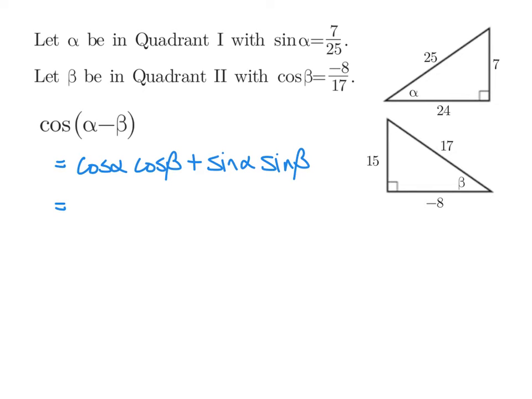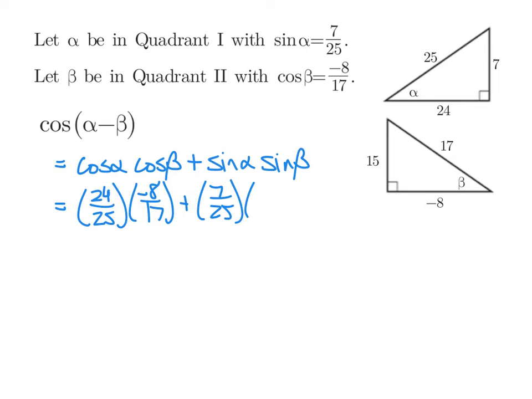Then we plug in the values that we know. Cosine of alpha wasn't given, but it's in our reference triangle as 24/25. The cosine of beta was given, negative 8/17. Sine of alpha was given, 7/25. And from our reference triangle, the sine of beta is 15/17.